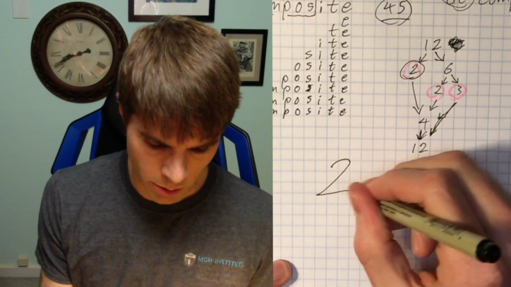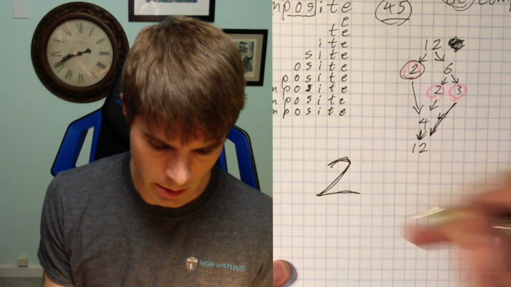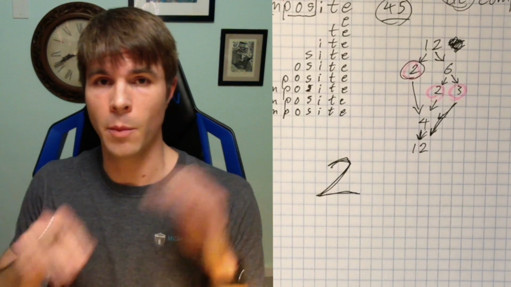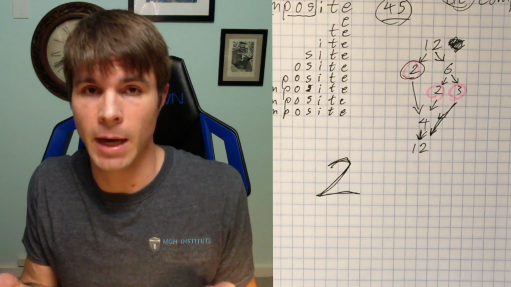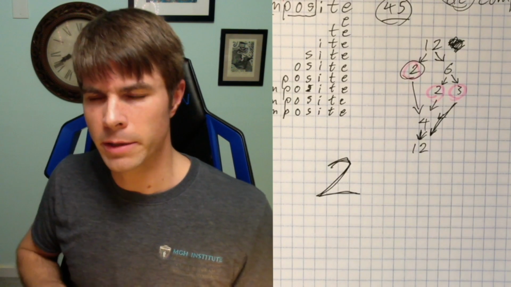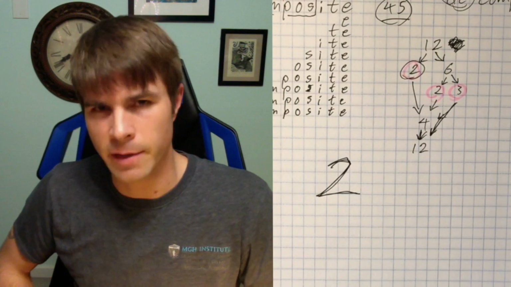The number 2 is a prime number, because we can't break it down into groups of the same size. It's also, I don't know if you know this, an even number.